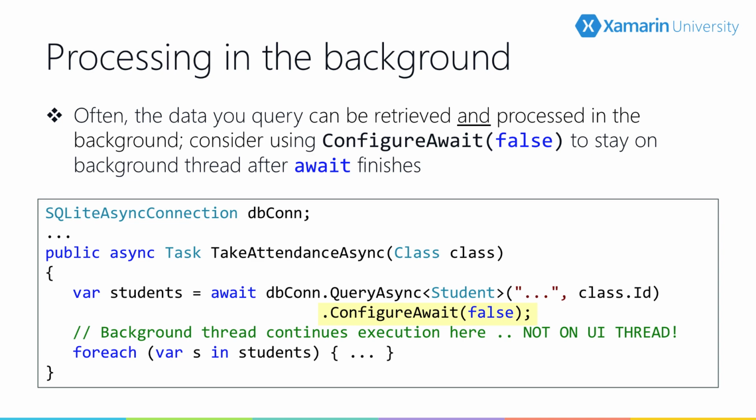One more word about async and await. When we introduced these keywords here, we learned how they greatly simplify working with tasks, particularly for UI and mobile apps. This is a real advantage. However, in some cases, the processing of data does not need to be done on the UI thread. We only need to be on the UI thread if we plan to update the UI in some way. If instead our data will be used for background processing, then it's inefficient to marshal back, which the async and await keywords do implicitly.